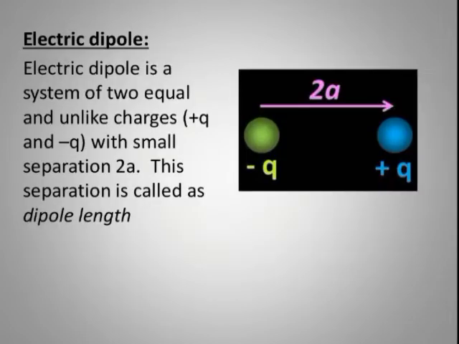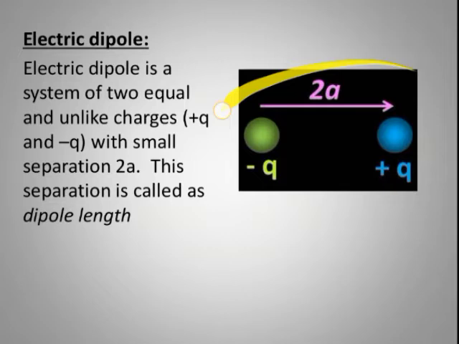So next, going to the next concept, that is something called the electric dipole. Why do we actually learn this concept? Because it is useful in terms of derivations. When we do certain derivations, it is very useful for us to consider two equal and unlike charges which are separated by a small distance, that is 2a.